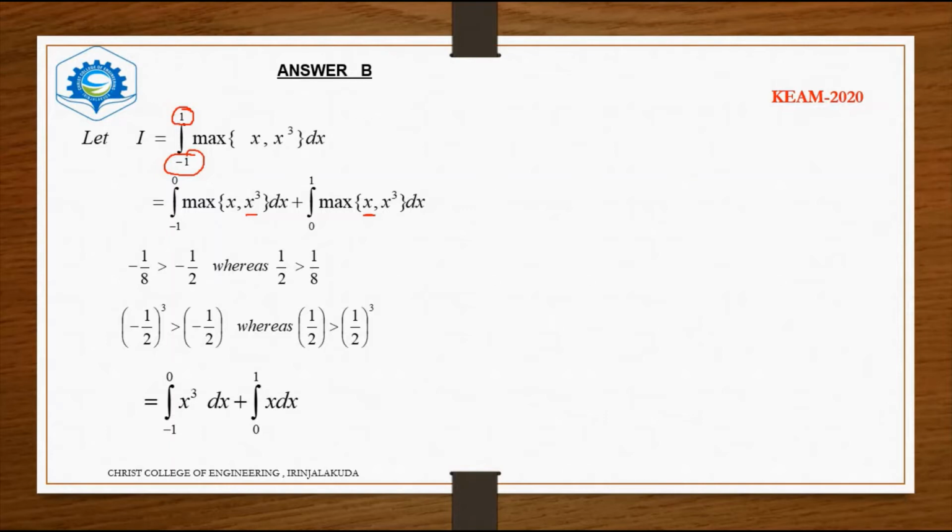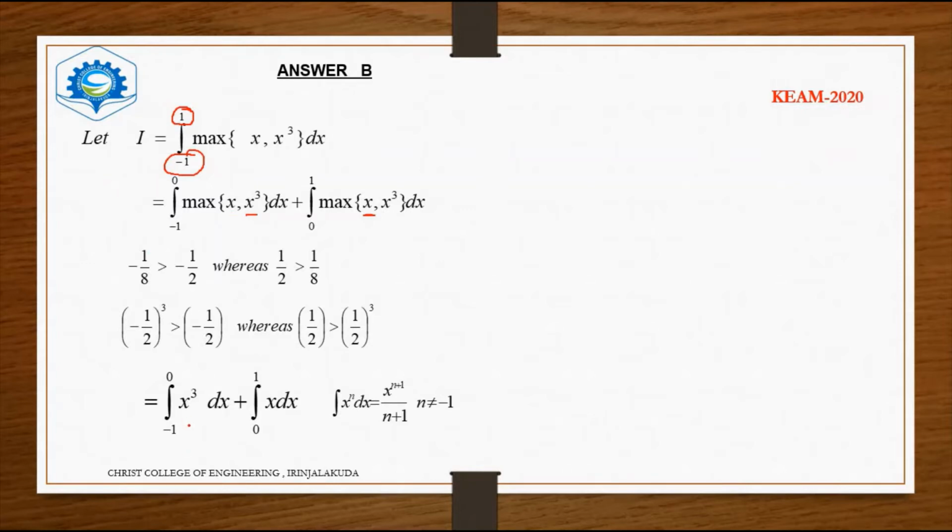Now, once you understood the maximum function, you can substitute alongside all the intervals and then integrate. What is the integration of x raised to n? X raised to n plus 1 by n plus 1, provided n is not equal to minus 1. Now, what is the integration of x cube?